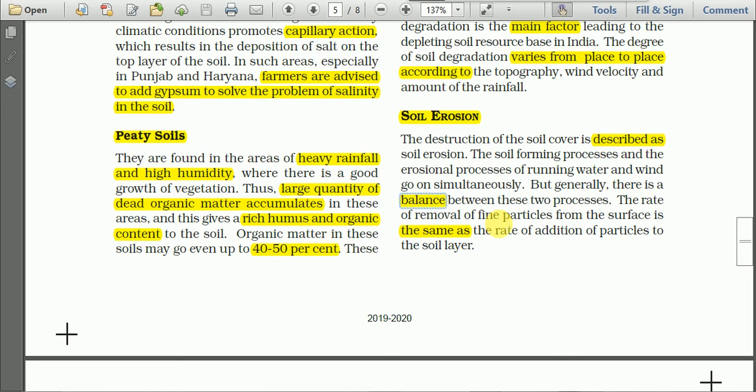They go on side by side, and there is a balance between these two processes. The rate of removal of fine particles from the surface is the same as the rate of addition of particles to the soil layer. That is, the rate of erosion is the same as the rate of soil formation naturally.